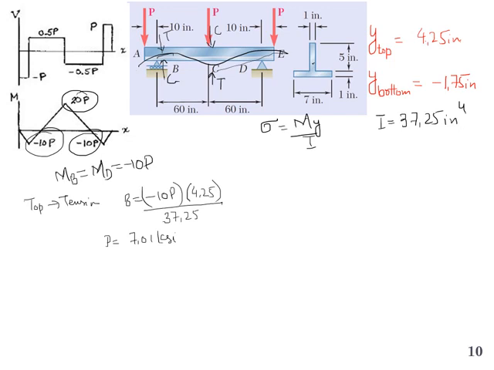Now, bottom will be under compression, so we can write the allowable compressive stress is 18 KSI. So the value is again 10p.